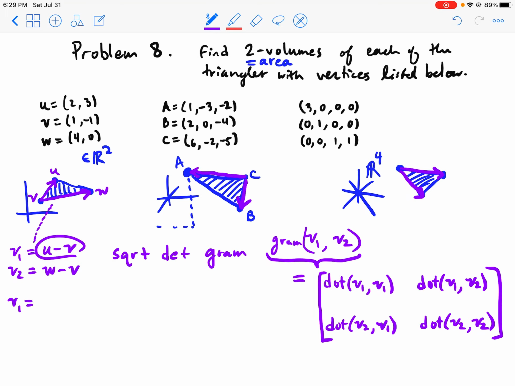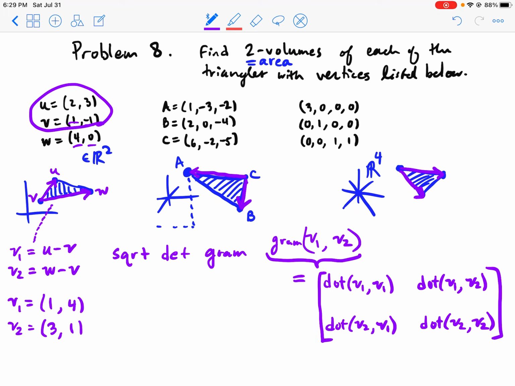V1 is U minus V. So I look up here and I take U minus V. So 2 minus 1 is 1, and then final minus initial, 3 minus negative 1. 3 minus a negative 1 is going to be 3 plus 1, so that's 4. Okay, great. V2 is W minus V from my picture. It didn't matter what I chose, but W minus V will be 4 minus 1 and 0 minus minus 1. So that'll be 3. 4 minus 1 is 3. 0 minus minus 1 is 1.